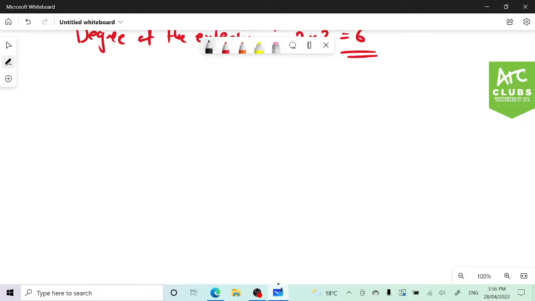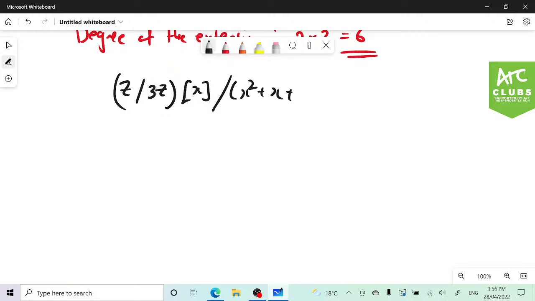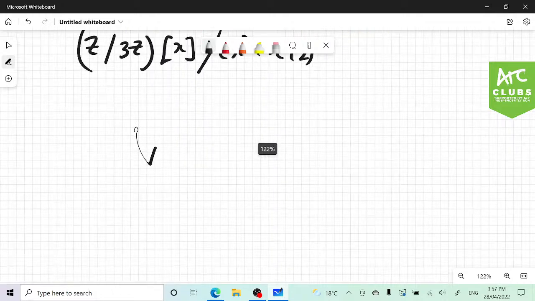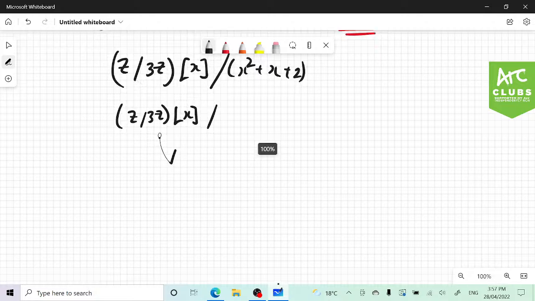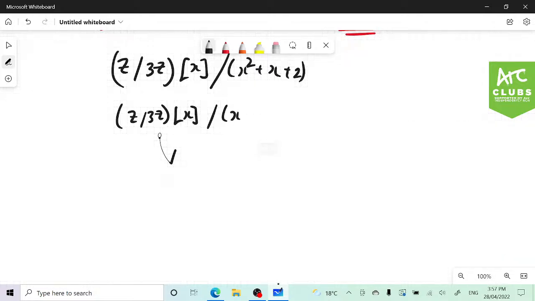Let's consider F_3[x] mod x squared plus x plus 2, and F_3[x] mod x squared plus 2x plus 2.